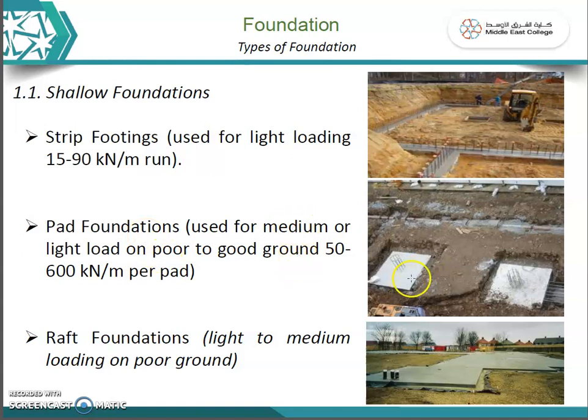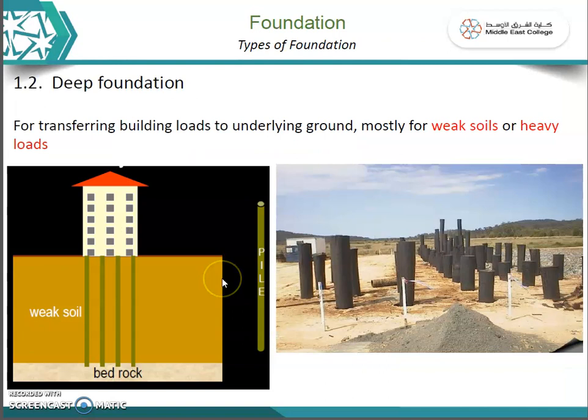The load carried by a single pad foundation should be between 50 to 600 kilonewton; it can carry that much load. The raft foundation is for light to medium loading on poor ground. When more uneven settlements or huge loads are expected, we prefer raft foundation.